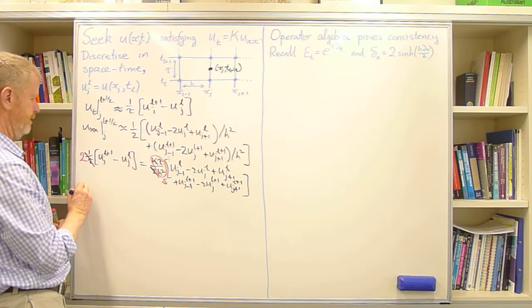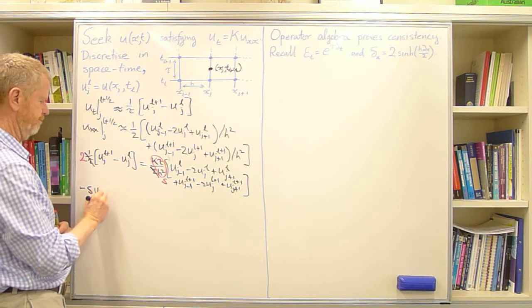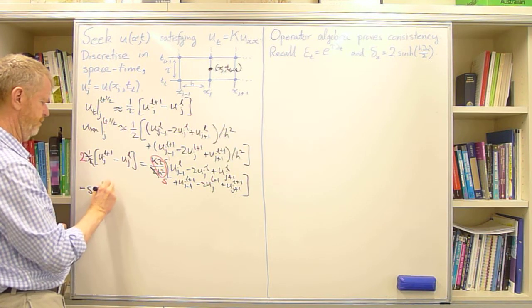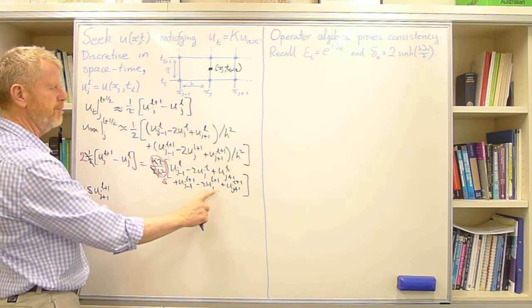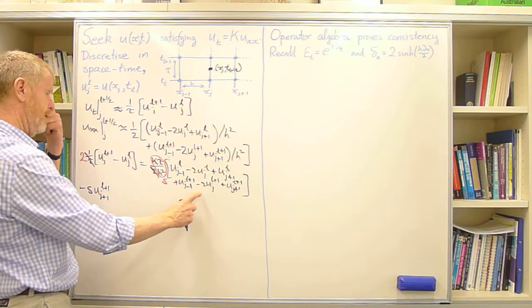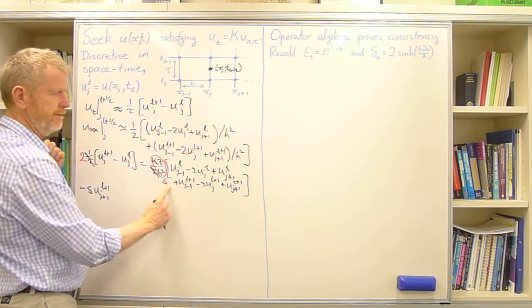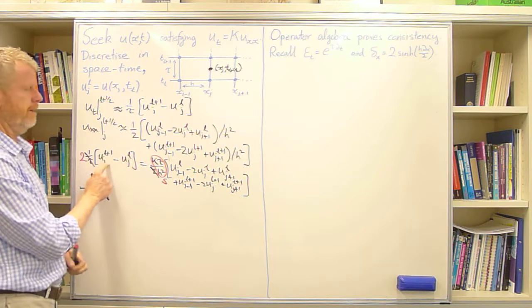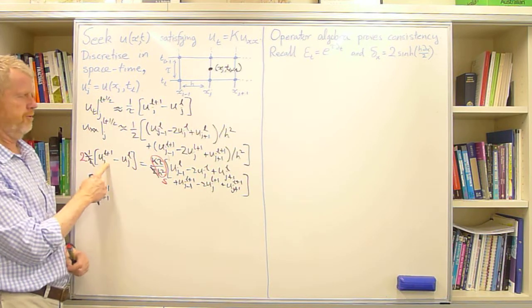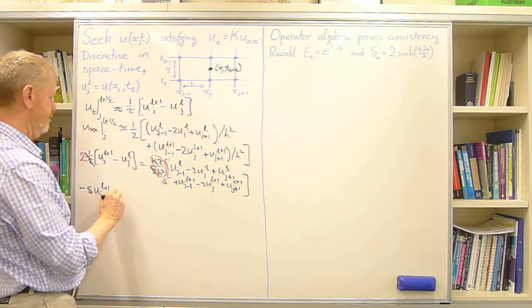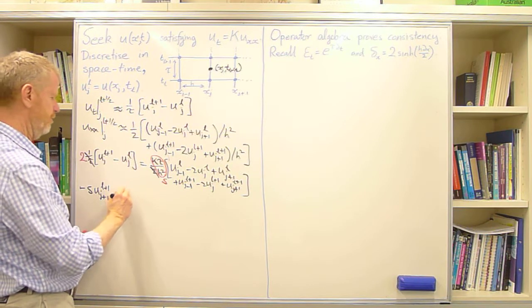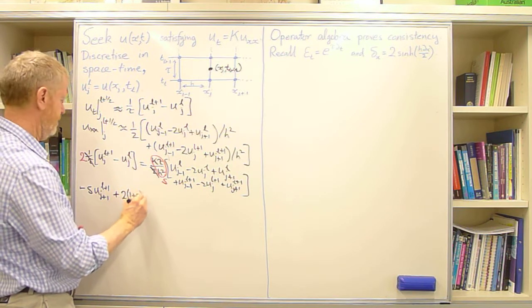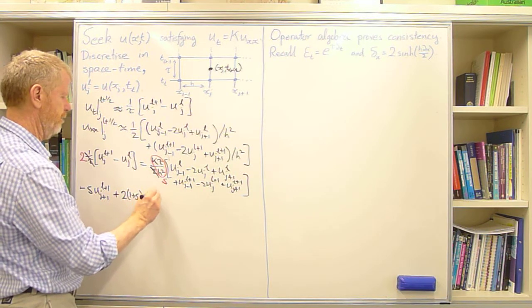Move it to the left, and it's minus s. Then we have u_j^(L+1). There's minus 2s of them on the right, and there's also 2 on the left. So that turns into 2 times (1 plus s) u_j^(L+1).